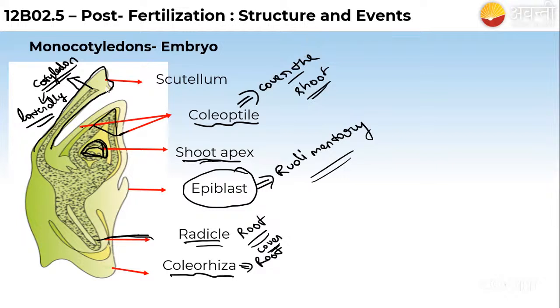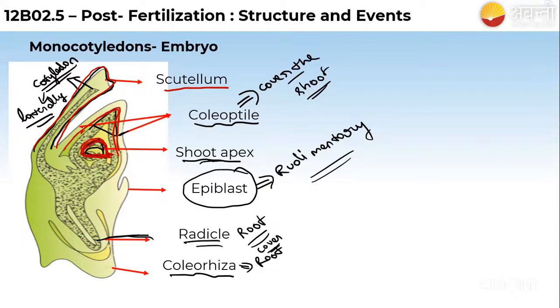Okay, I will explain once again, guys. Kindly look at this once again. This is the cotyledon, located laterally. This is also called the scutellum. Then, this cone-like structure is called the coleoptile. It covers the inner shoot.